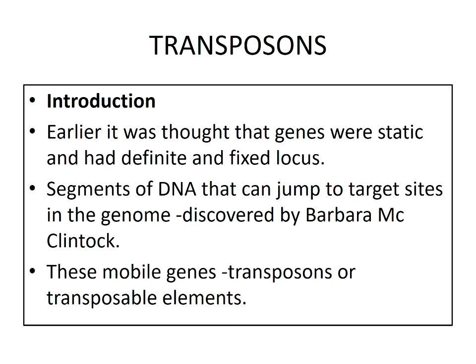According to her, the light colored kernels were caused by a segment of DNA that jumped into the genes coding for the pigmented colors, so the kernels were white or light in color.